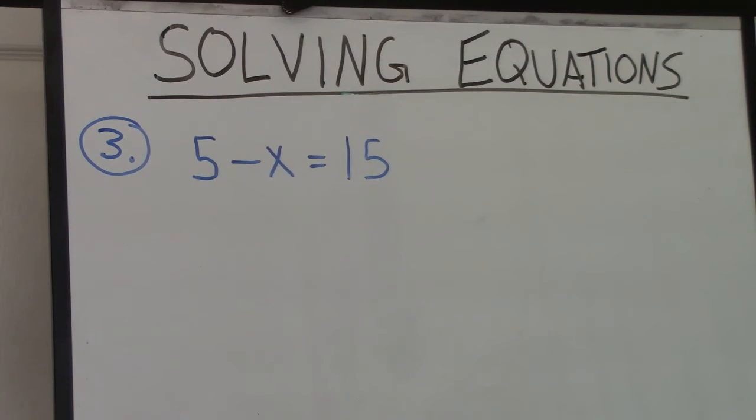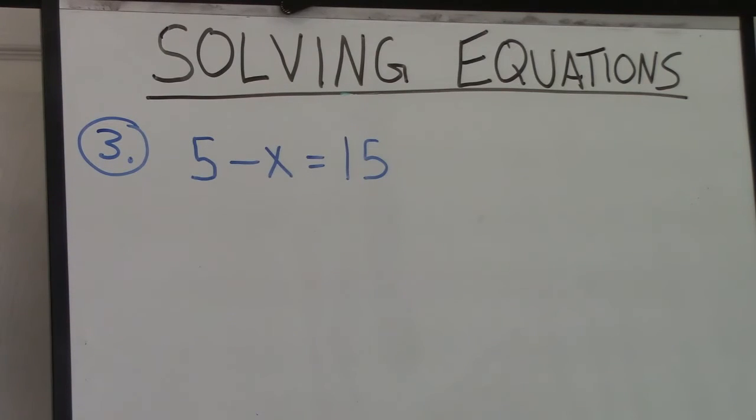A good idea to start all of these problems is to put each side in simplest form. If you remember from yesterday's lesson, one of the things you can do to simplify an expression is to rearrange the terms in decreasing order by exponent, where the highest exponent is on the left and the constants are all the way to the right.